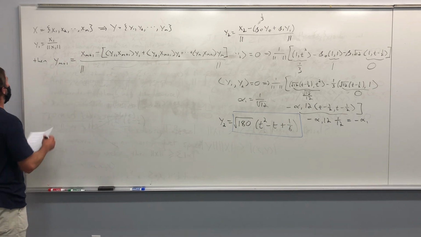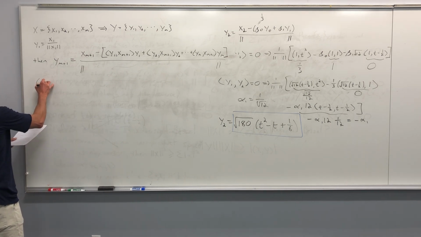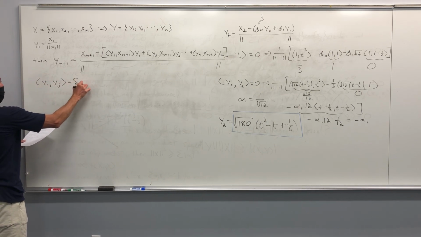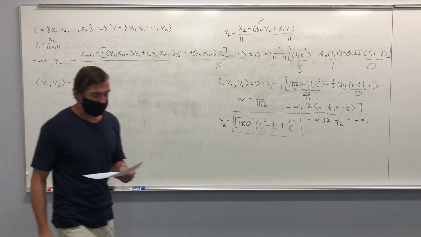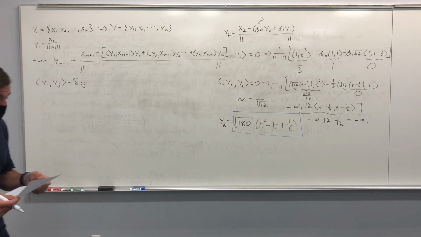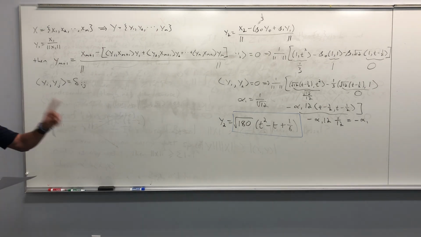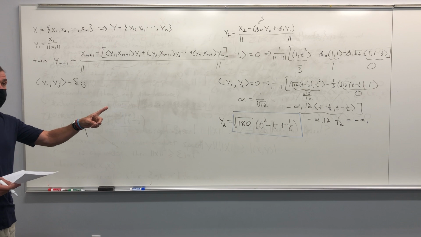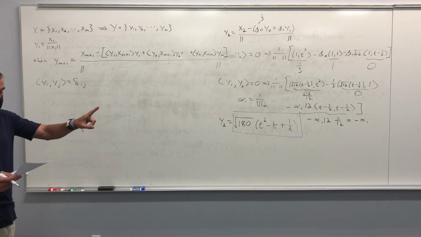All right, if you do this, then you're guaranteed that the inner product of any two of your new basis set is going to be the delta function. So in words, what we can say is the following. We want to pick one vector to start with. It doesn't matter what vector. Pick any vector in the space you want.